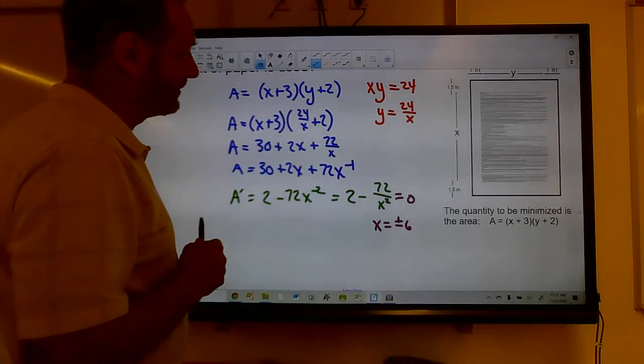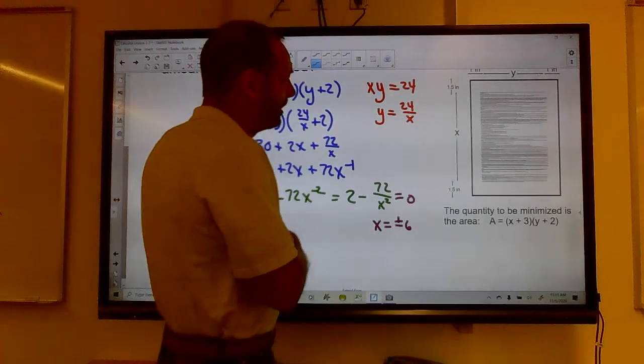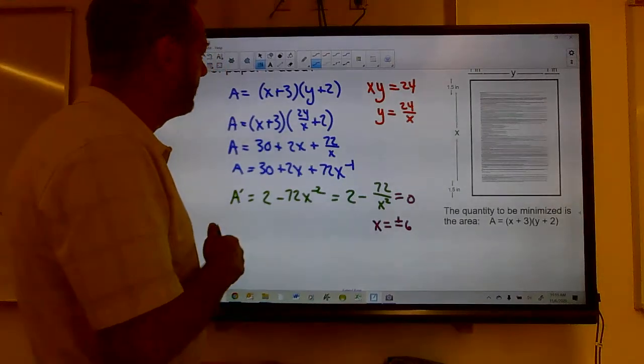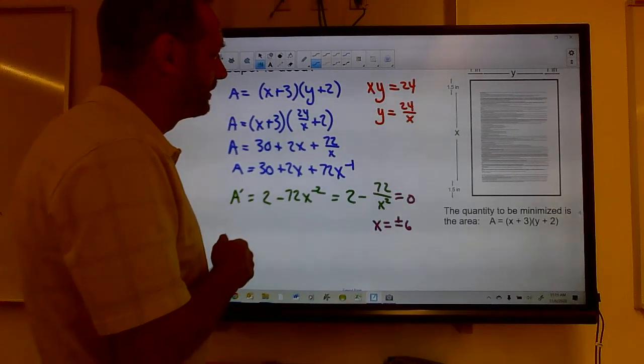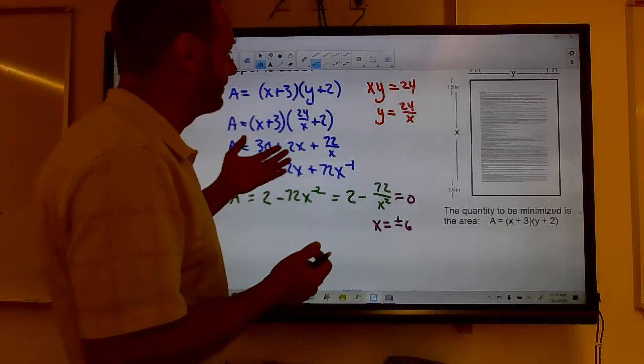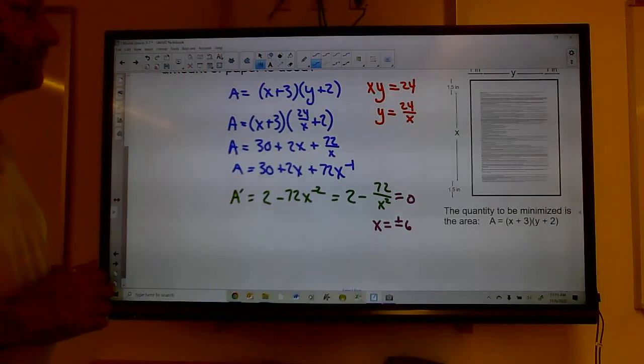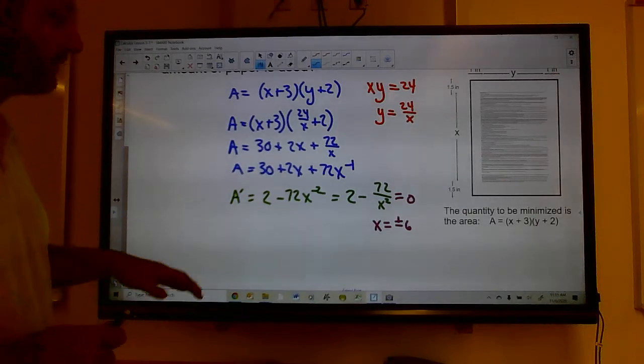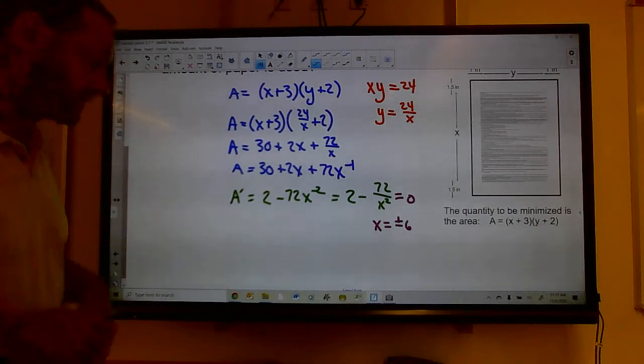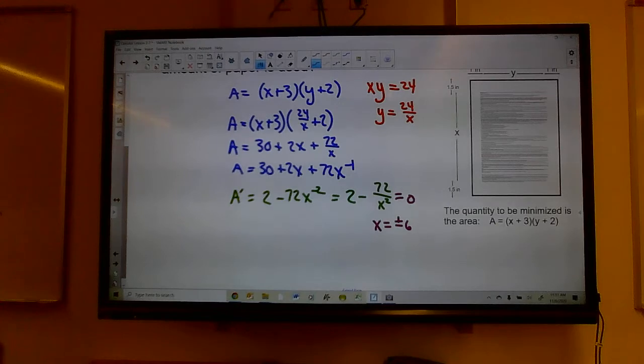So I could make x equal to 0. But if I did that, the area would be 0 times whatever, would not ever equal 24. So the only place I really need to check here is 6. Okay, 6 is going to be my minimum.